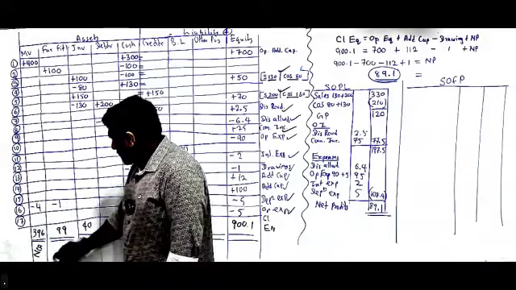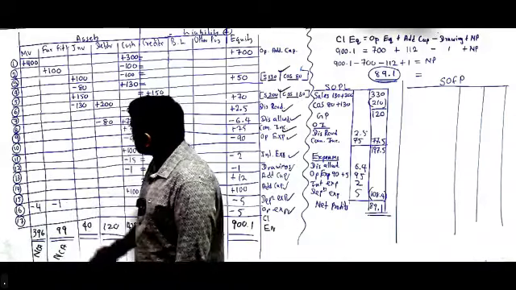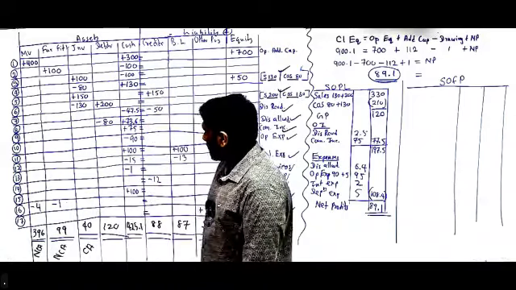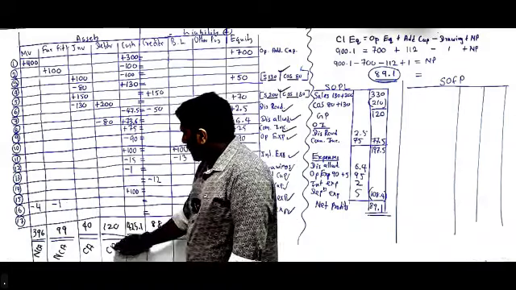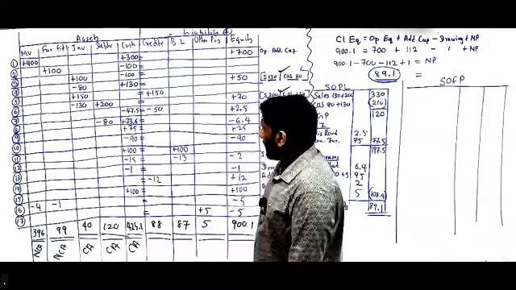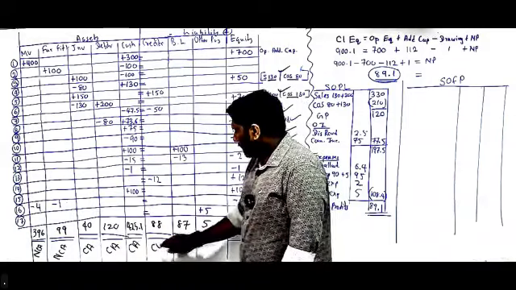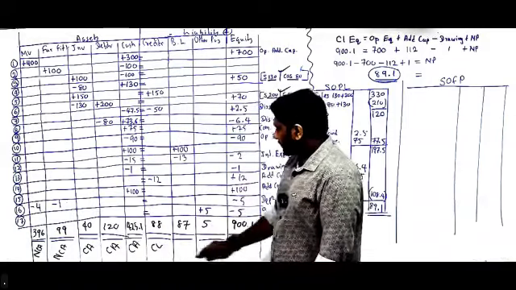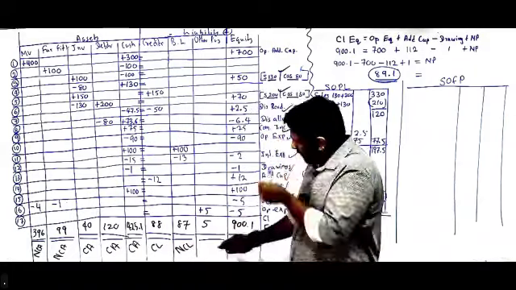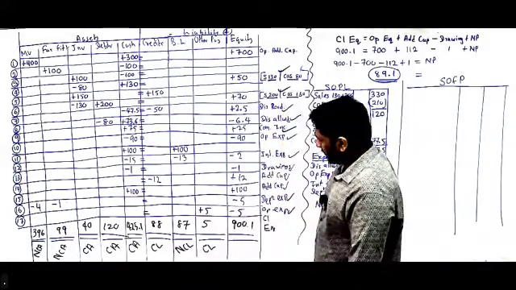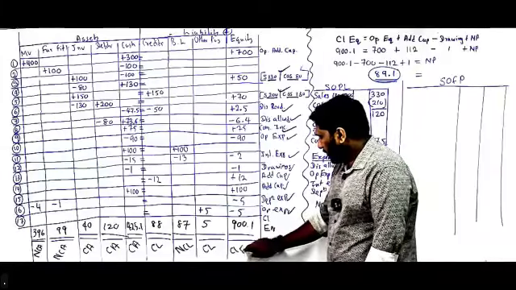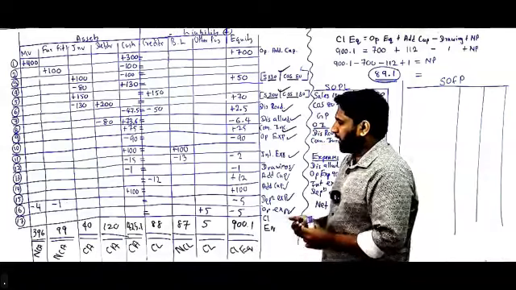Furniture fittings, non-current assets. Inventory, current asset. Debtor, current asset. Cash, current asset. Creditor, current liability. Bank loan, non-current liability. Other payables, current liability. This is the closing equity.